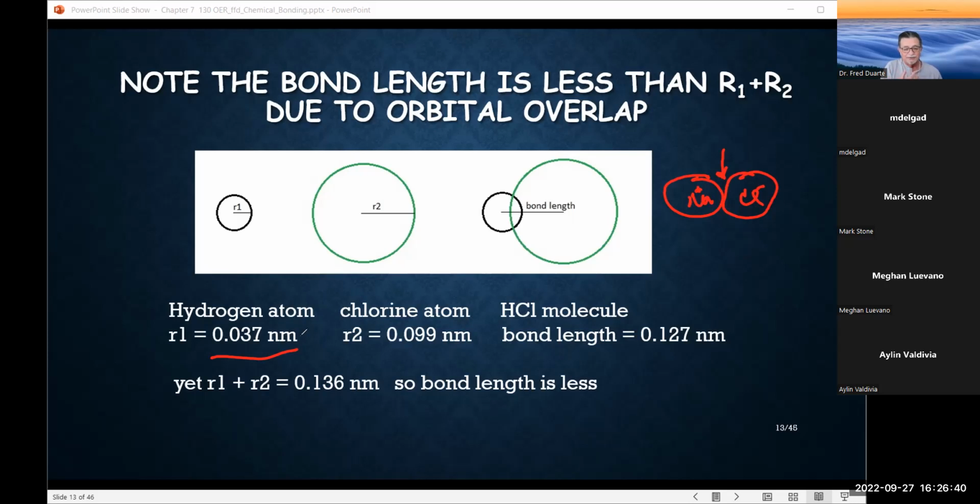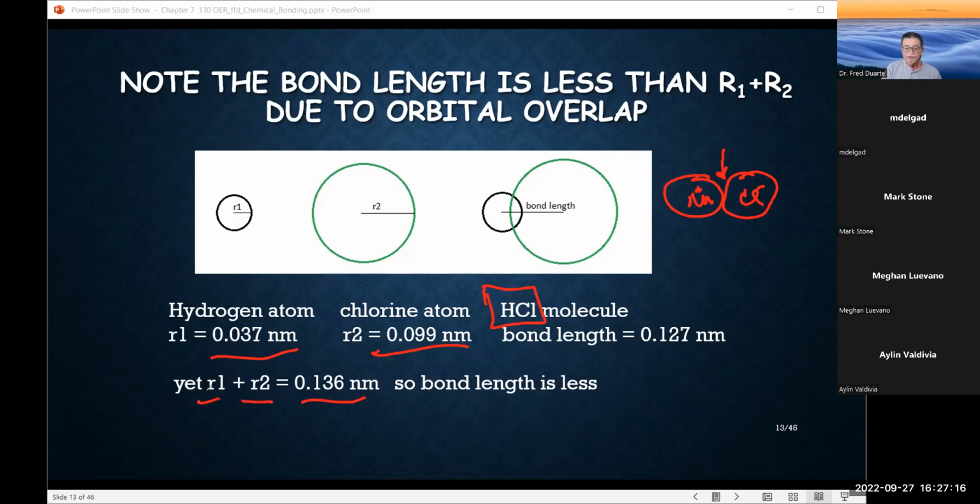If you look at the chlorine radius, which is 0.099 nanometers, we anticipated that when they come together to make HCl, the same compound that's in your stomach, called hydrogen chloride, or hydrochloric acid in solution, the total distance would be 0.136 nanometers.